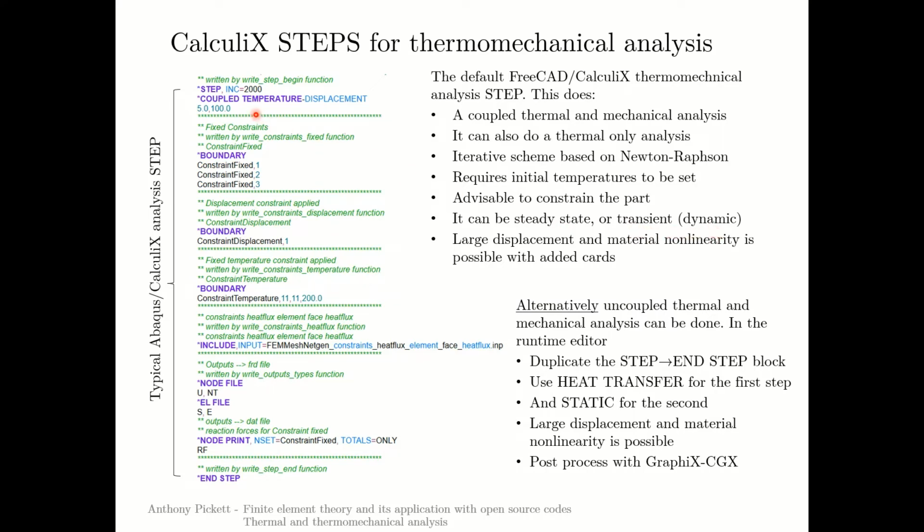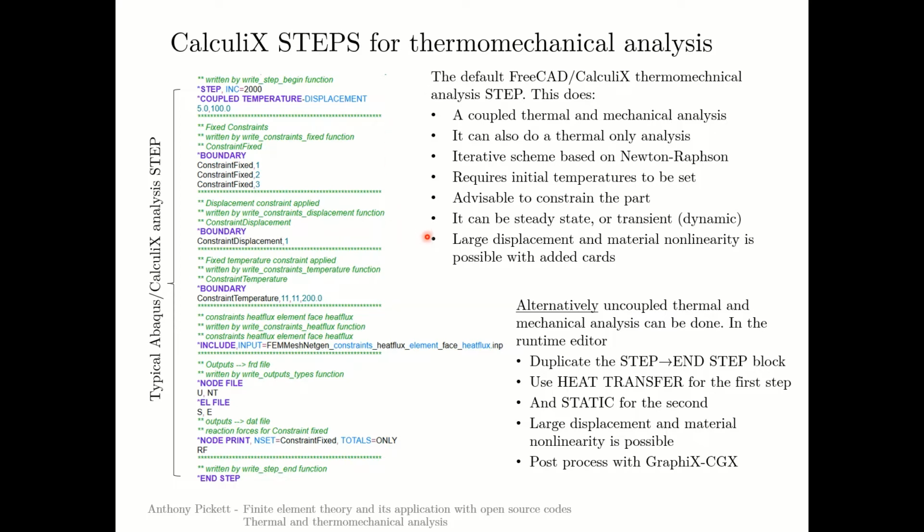So for example, just specifying this keyword without anything here would do a transient analysis of the type I've just shown you on the previous slide. If you put in here comma steady state, it will do a steady state analysis, in which case it will ignore any capacitance matrix and time-dependent effects.